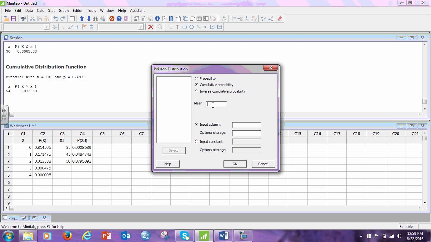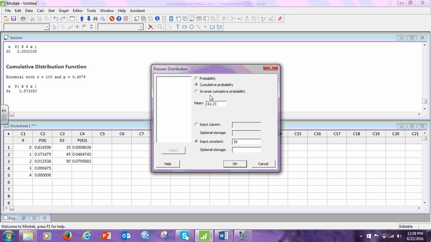Okay, so I go back up here to Poisson, and I go to calc, probability distributions, Poisson. The mean is 62.23. And I'm looking for the probability that x is equal to 50. So my input constant is 50, not column, and we only use the column whenever we have multiple entries.